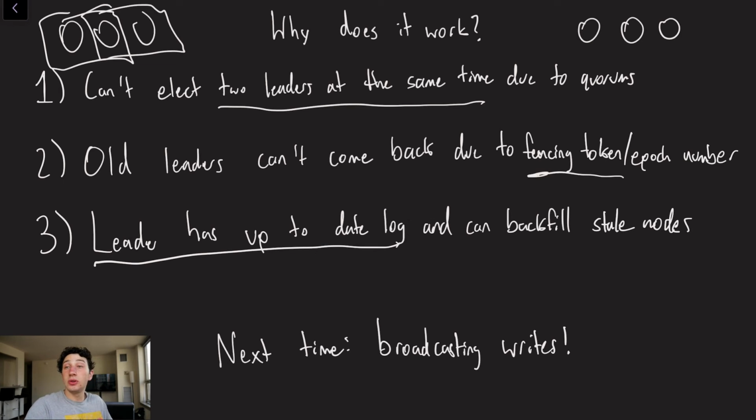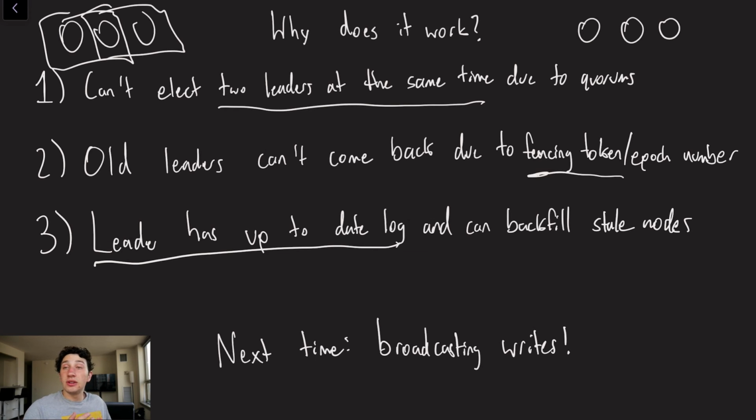So if you have a node that is not completely up-to-date in its log and the current leader goes down, so it's not able to fill it up, you know that the new leader is going to take over and have an up-to-date log, and that way it can go ahead and get the other nodes up to speed, which is a good thing. It is completely possible that you would have another node that is more up-to-date than the leader.